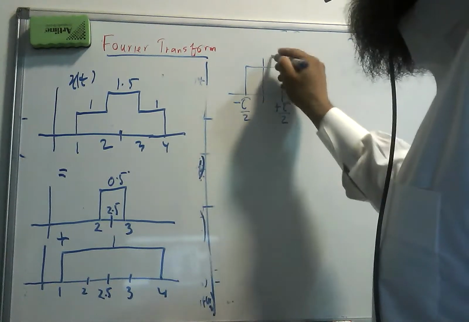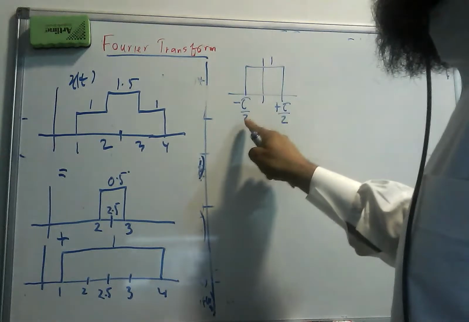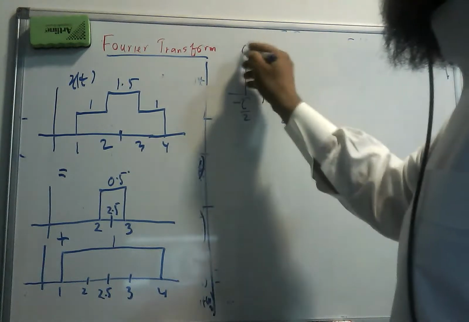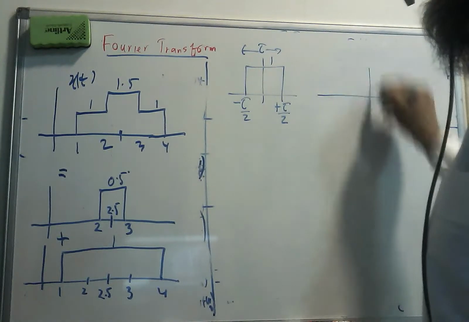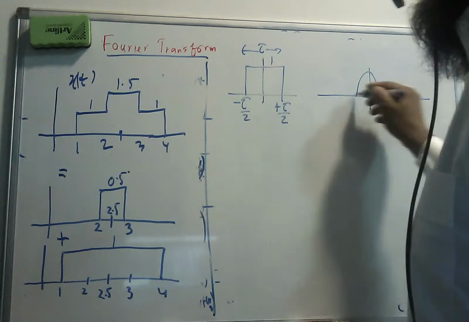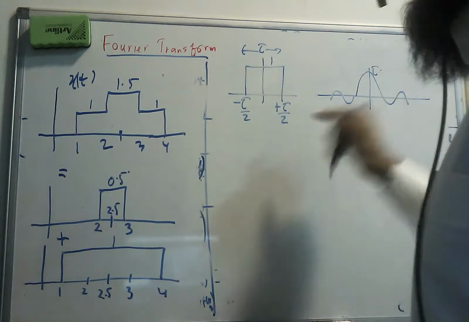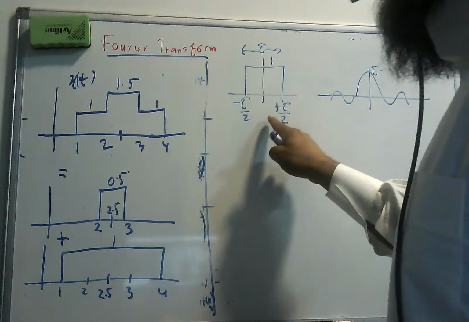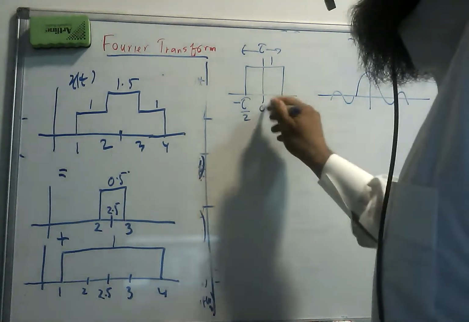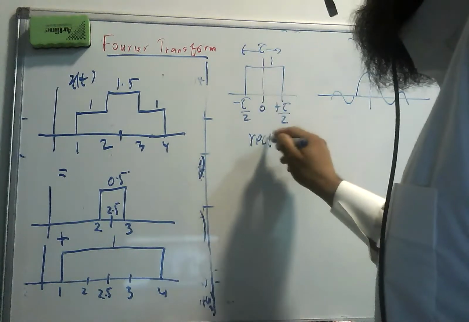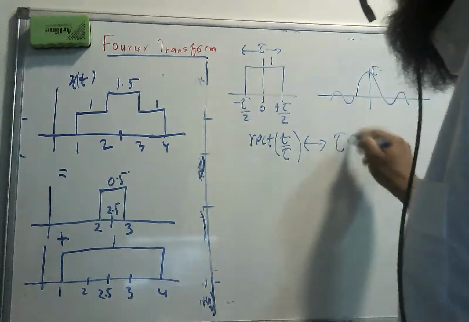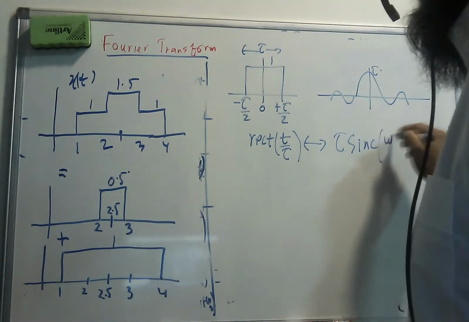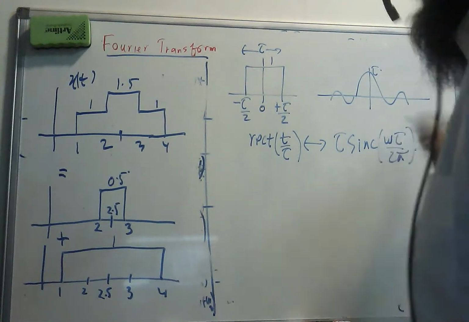If the width is tau, the Fourier transform is a sinc function like that. So for rectangular t over tau, the Fourier transform is tau sinc omega tau divided by 2 pi.